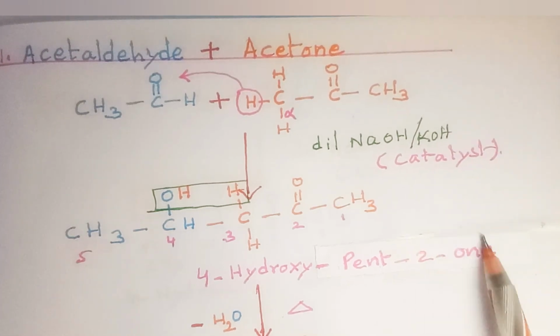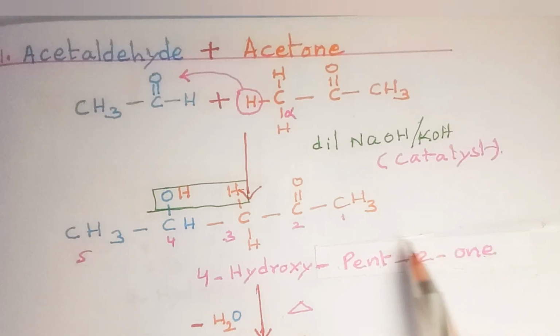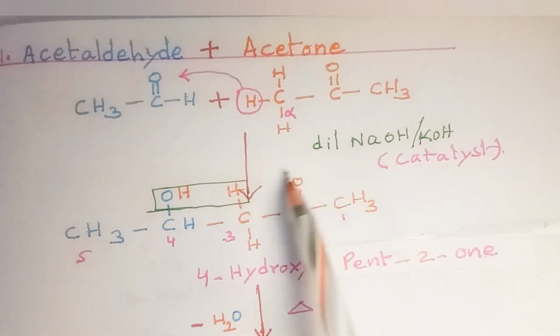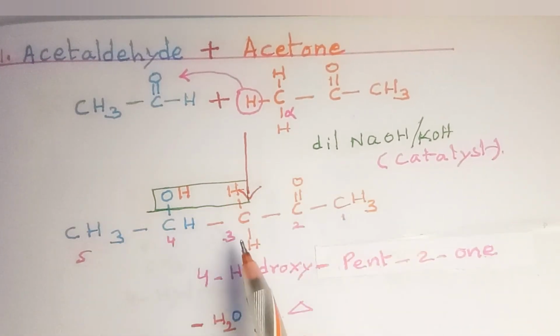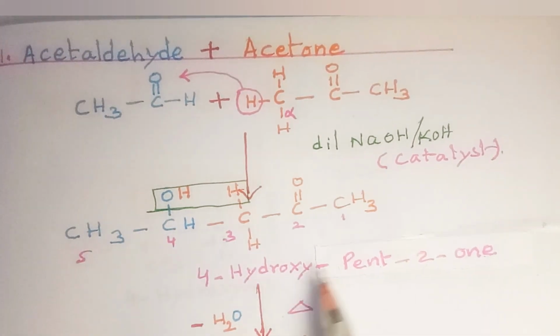Instead of ane, here we say one. So it is actually pentanone. So we write 4-hydroxy pent 2-one.